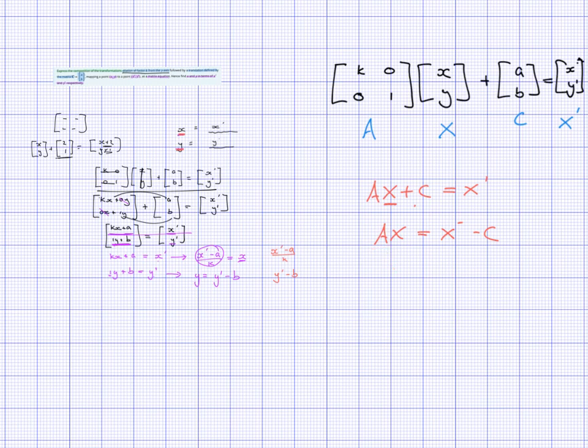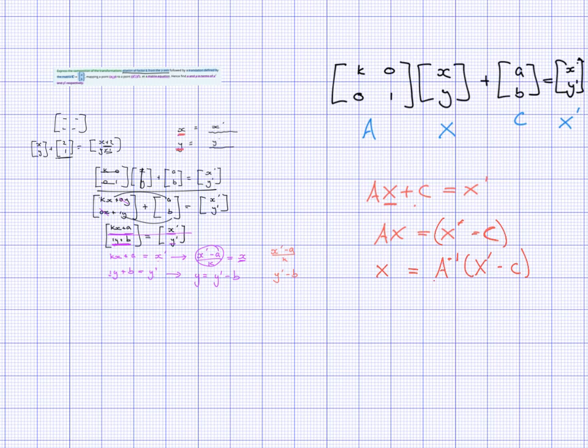So I'm going to multiply both sides by the inverse, which is going to get me X by itself, and it's going to give me this times X image minus C. All right, so because this minus C happened first, you put that in brackets, and then the inverse gets multiplied out the front of that.